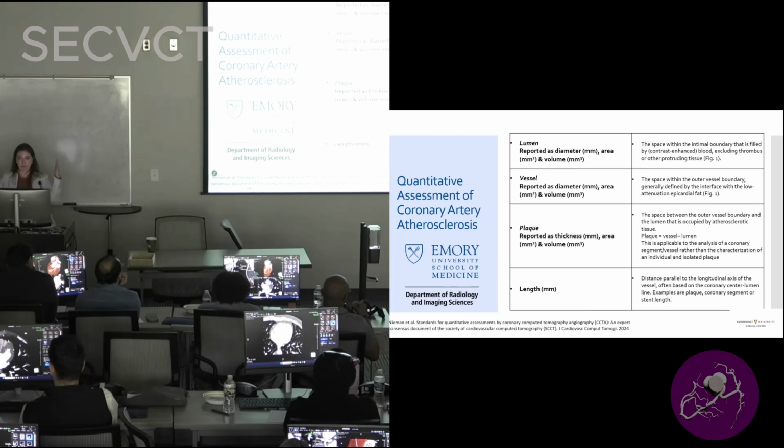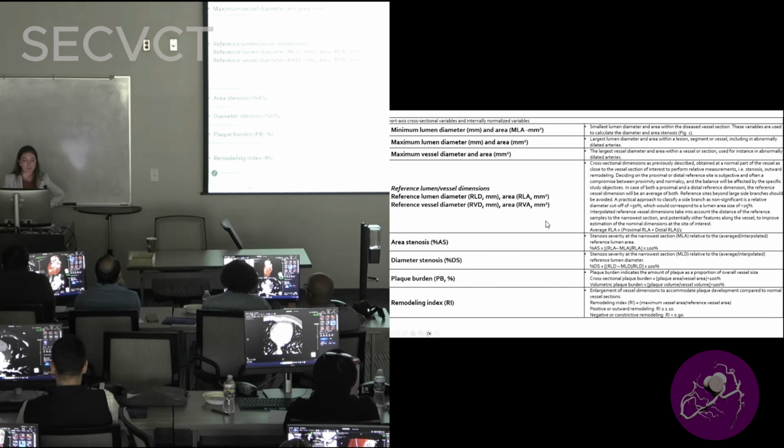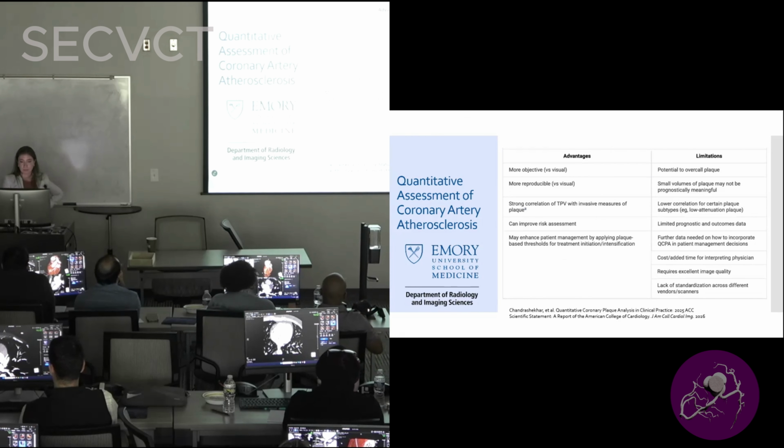Vessel is the space within the outer vessel boundary on both sides. We talked about what plaque is, and then we need to know the length. These are all going to be reported in both diameter and area. And then with software and calculations, you can also derive the volumes. These are here on the slides for you to review on your own time.